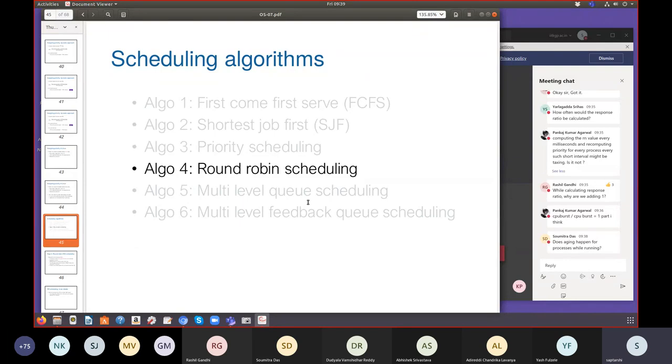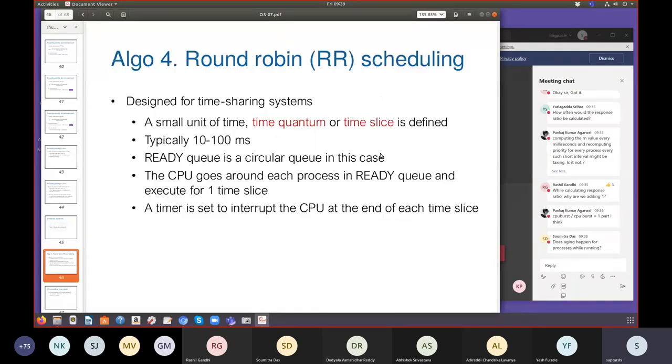Okay, so let us go ahead with the next algorithm, which is round robin scheduling, which is more like what happens actually in modern OS. Round robin scheduling is defined for time sharing systems. A small unit of time, often called the time quantum or time slice, is defined.